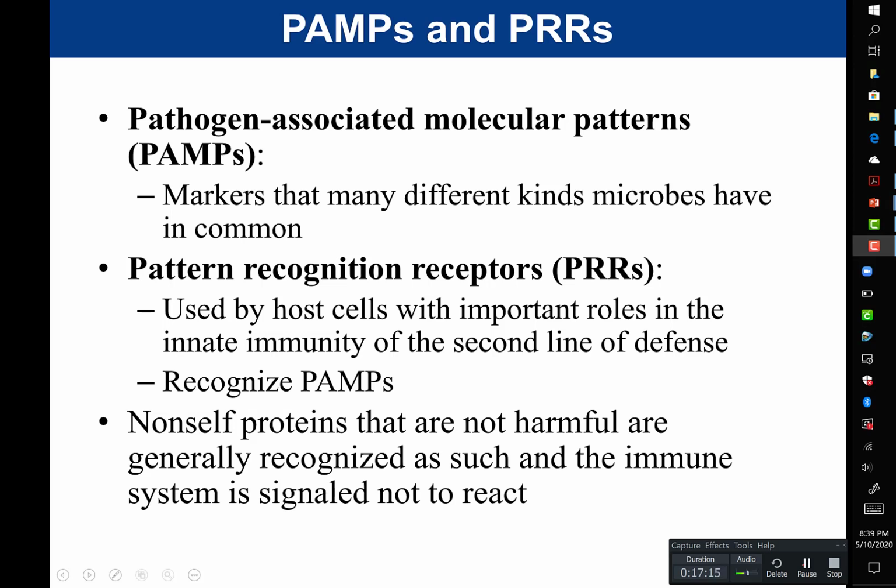No, because there are different markers on different bacteria, and that's one of the jobs of the immune system, to recognize what is harmful versus what is not, and not mounting an immune response if that microbe is not pathogenic. And so that's an important part of the immune system.